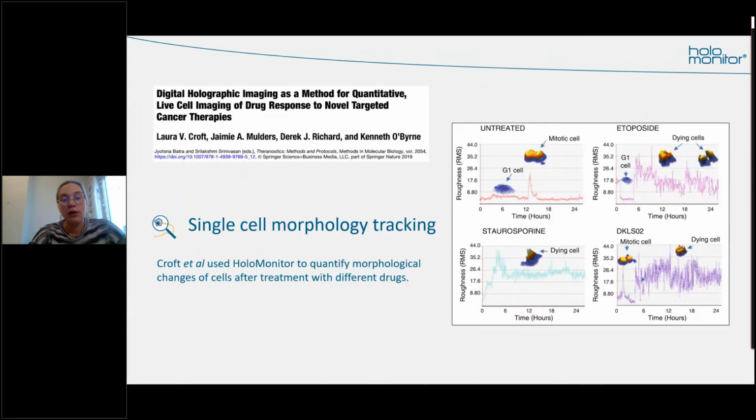And an excellent example of how these feature plots can be used is the publication by Croft and colleagues. Here they used the HoloMonitor to quantify morphological changes after treatment with different drugs. And by looking at how the roughness changed over time, they could distinguish between cells undergoing mitosis and dying cells.